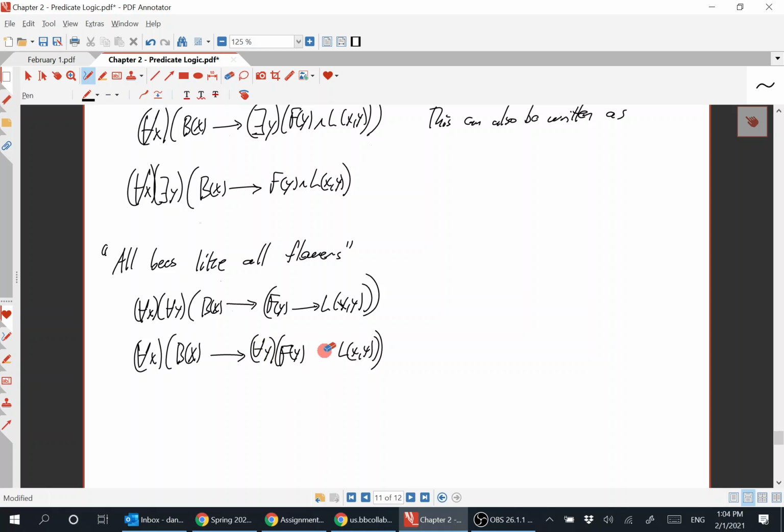Can you say it without all the implications, with just one implication? It could be written like this, it could be written like that. There's another way to say it, with just one implication. Remember this from the homework? P implies Q implies R is logically equivalent to P and Q implies R. Can you apply that here?